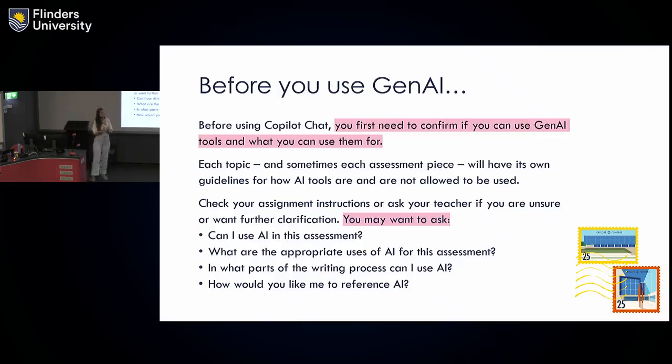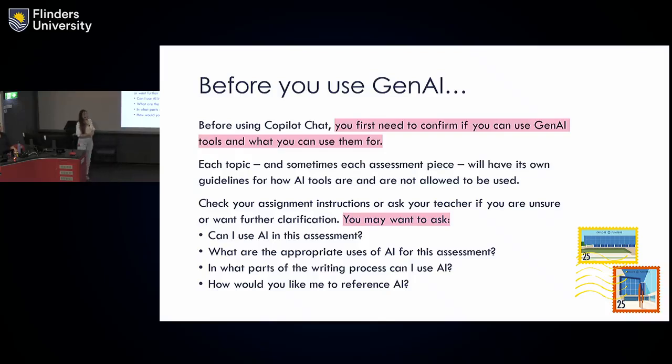So the very first thing you need to do before you use any tool for any purpose is check your topic. It might be in your topic Flow site, usually where the assessment instructions can be found. It might be in your program handbook as well.